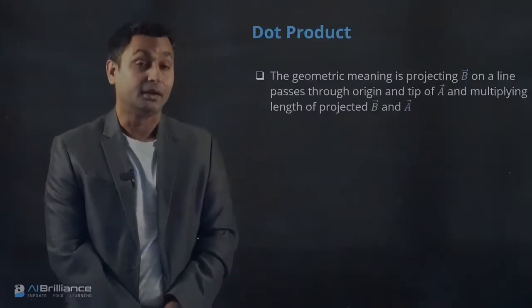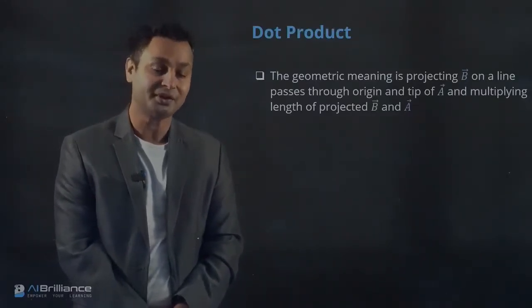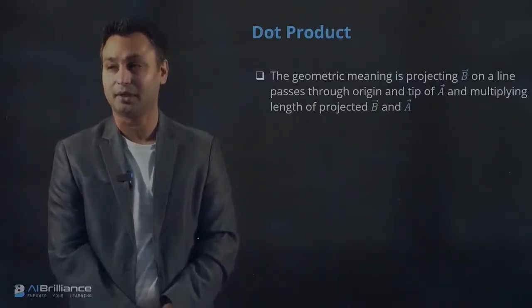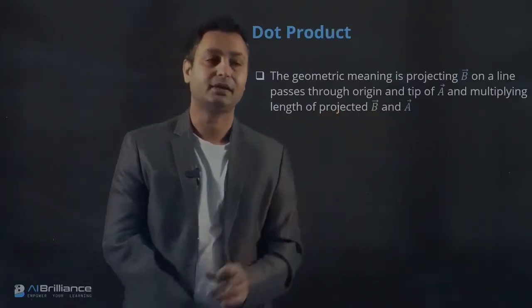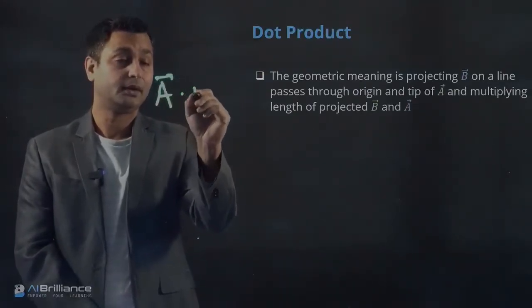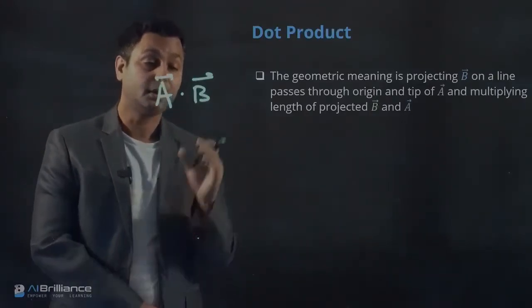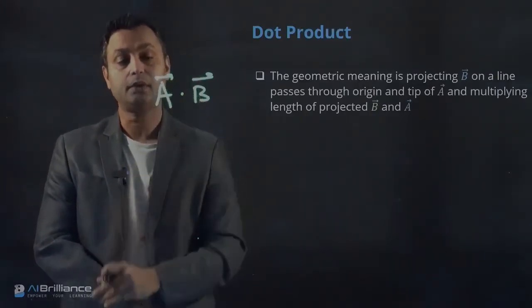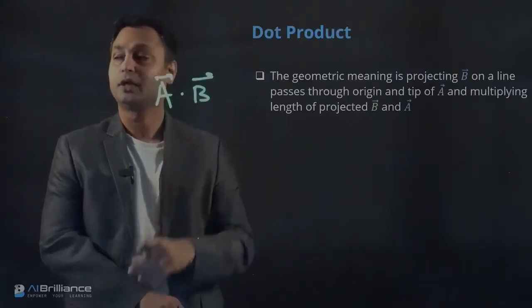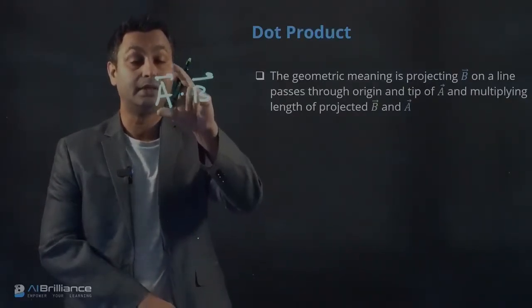But still, it's a good idea to understand the intuitive and geometric meaning of the dot product. Essentially, if you're dotting two vectors, say vector A by B, you take vector B and project it on A, and that projection will have a length. You take that length and multiply it with the length of A itself.